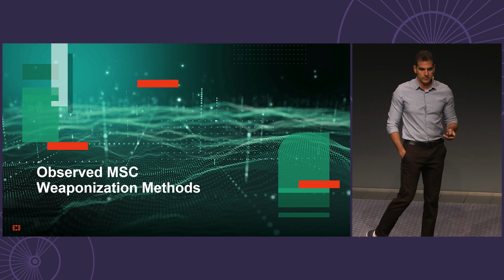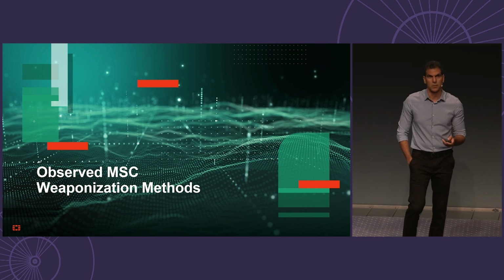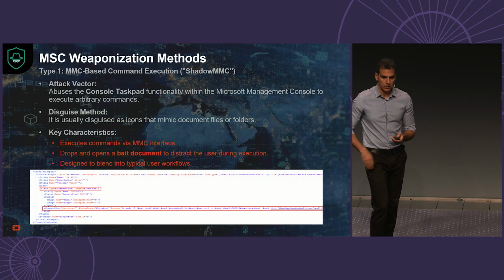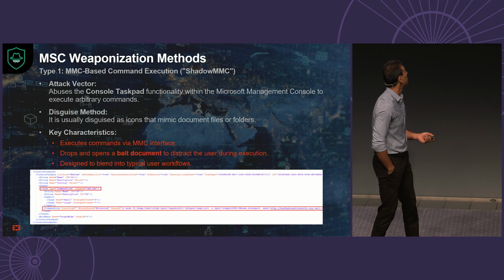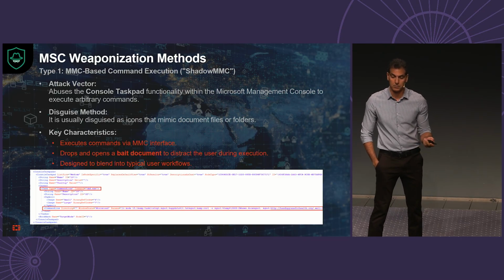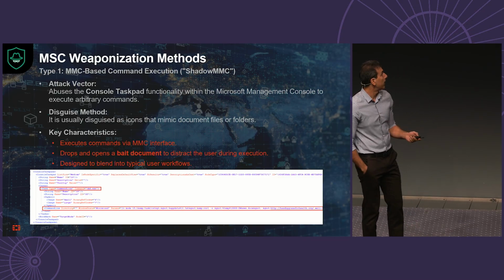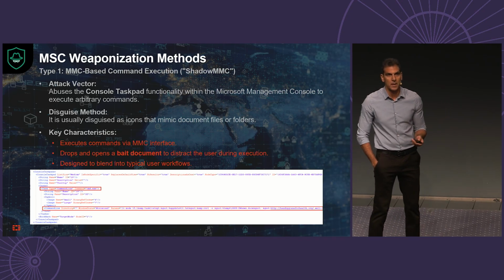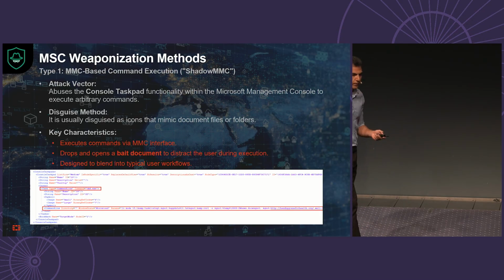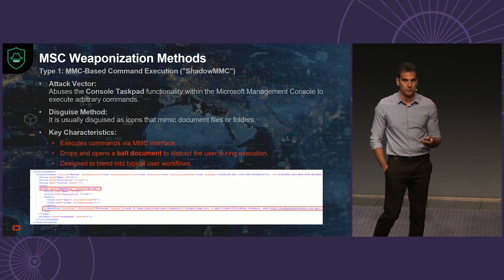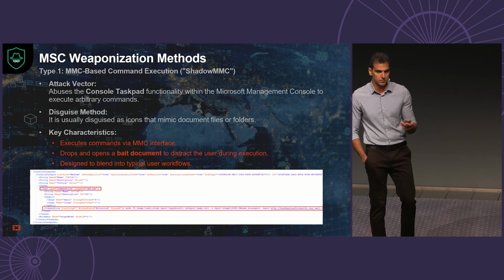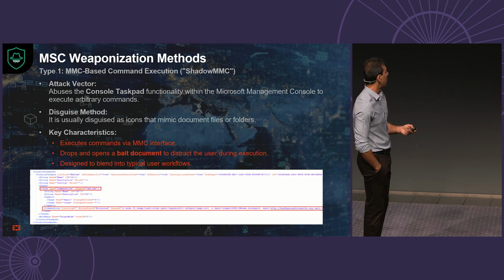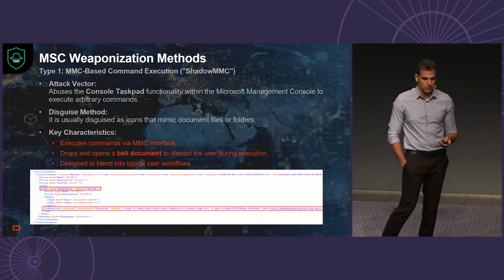All right, in this section, I'm going to talk a little bit about different MSC weaponization methods that we have observed in the wild. The first method, which is the most popular one and also the simplest to implement, is abusing the console taskpad within the MMC console to run malicious commands. A threat actor can create a malicious MSC file, and within the console taskpad, they can specify a command line tool like PowerShell, and then specify the command they want executed using that tool.